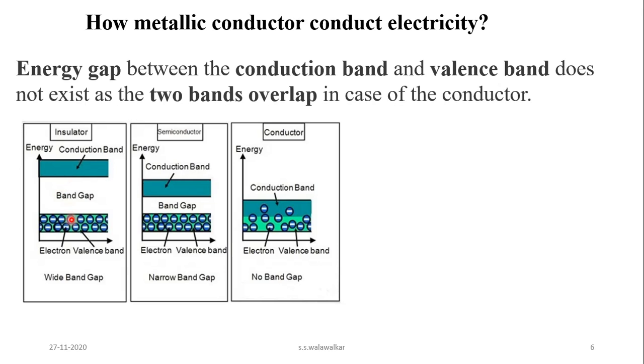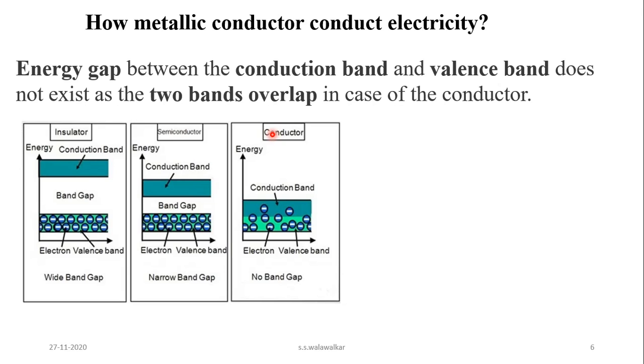There is an energy gap between the valence band and conduction band, and the size of this energy gap decides whether the substance is an insulator, semiconductor or conductor.